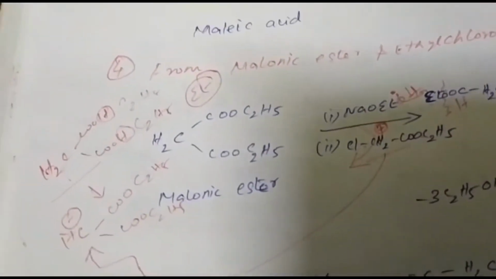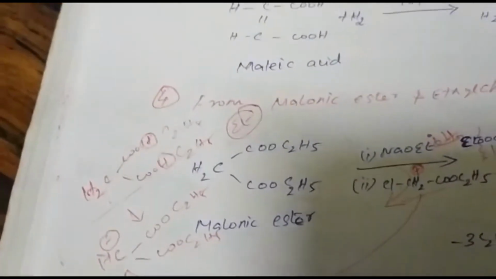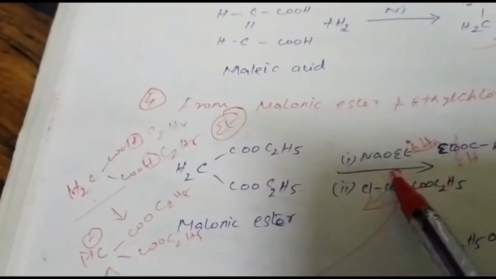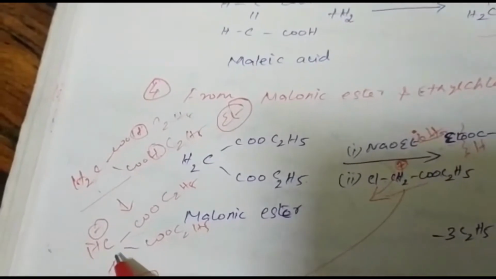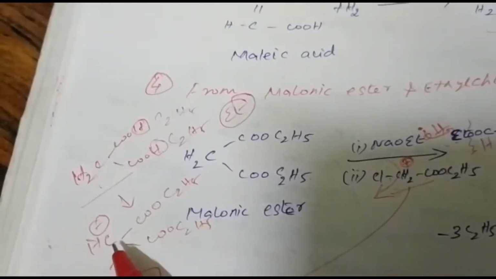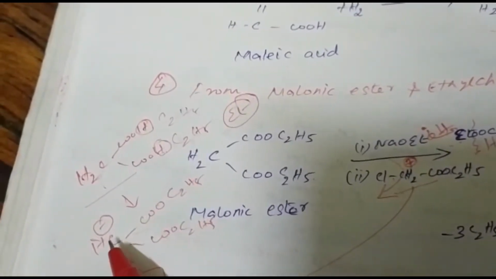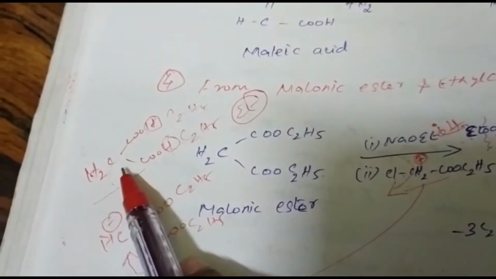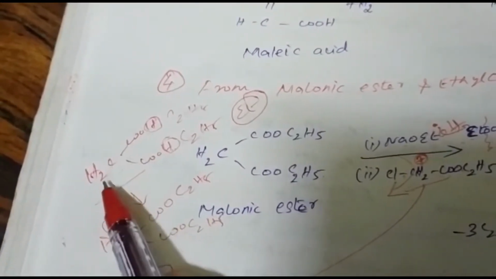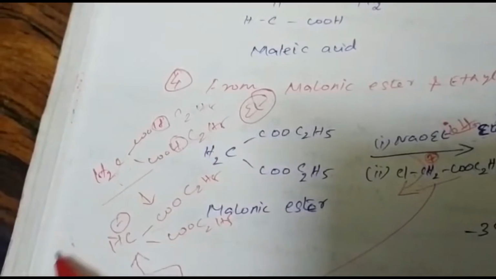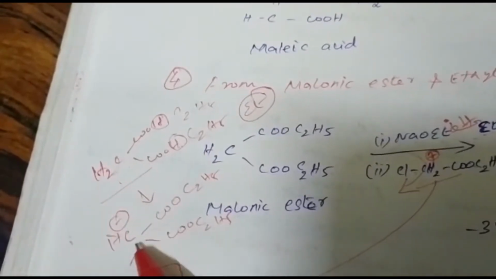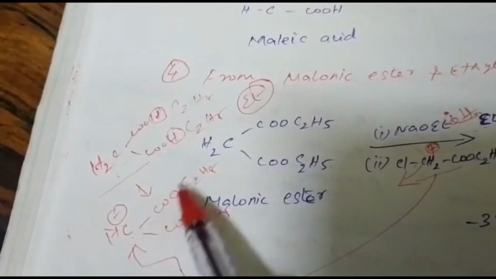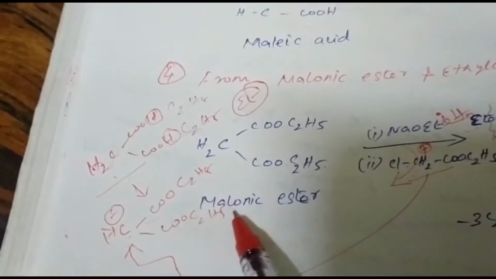So what is the purpose of the base? It easily removes the H+ proton. So in this malonic ester, in the methylene group, one hydrogen is removed as H+. So this converts to a carbanion, CH minus, with COOC2H5, COOC2H5.